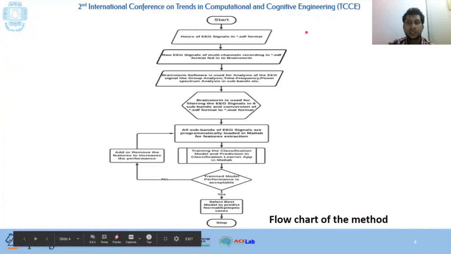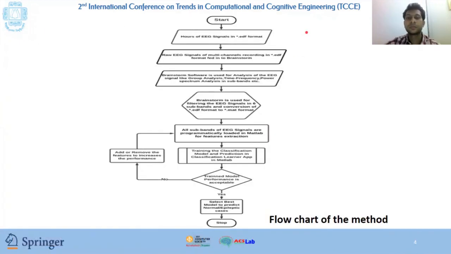To tackle this problem, we have gone through the following steps. First of all, the EEG signals were available in an open source database, and these hours of EEG signals, in .edf format, are given to the Brainstorm software for multi-channel recording.